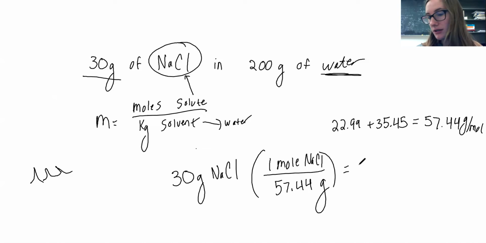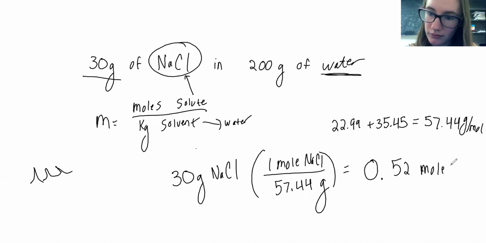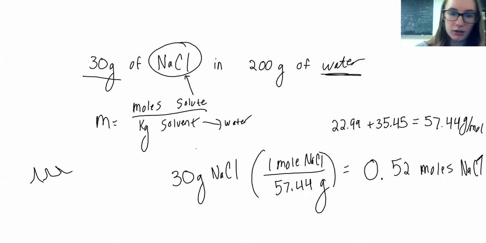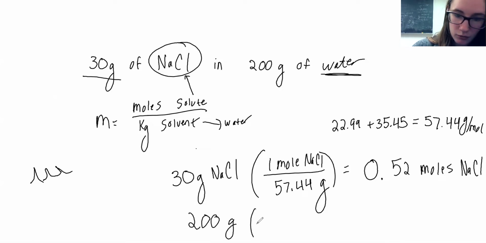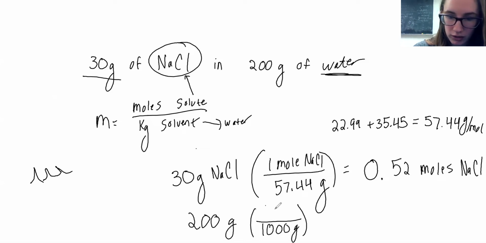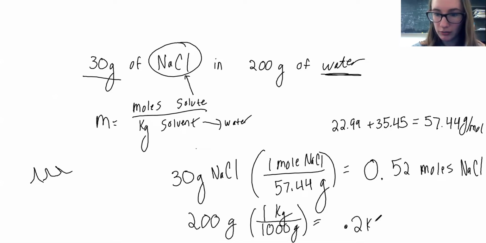30 divided by 57.44 gives us 0.52 moles of NaCl. For kilograms of solvent, we have 200 grams, and we know there are 1,000 grams in 1 kilogram, so we are looking at 0.2 kilograms.